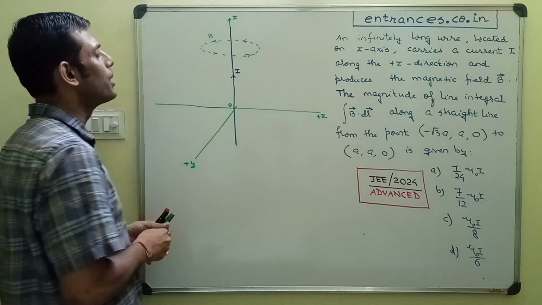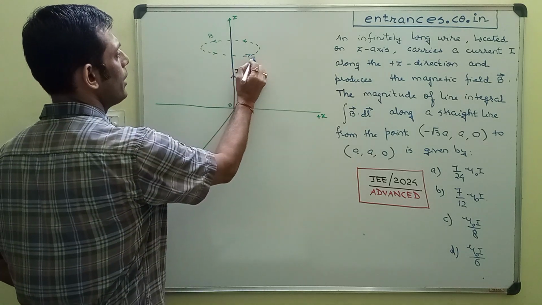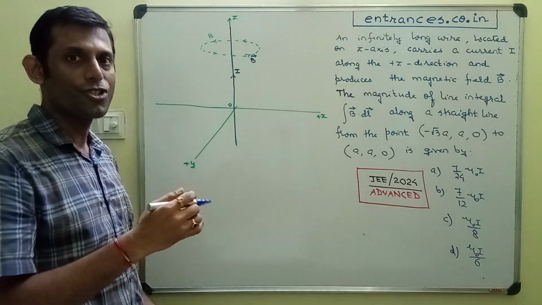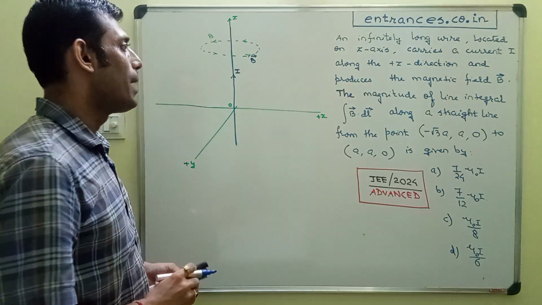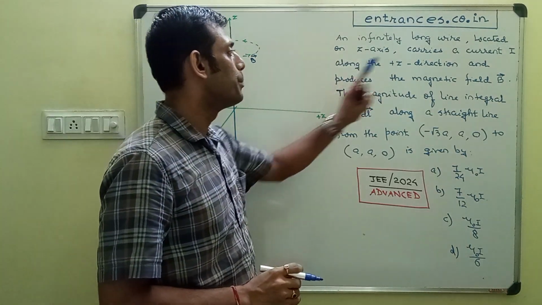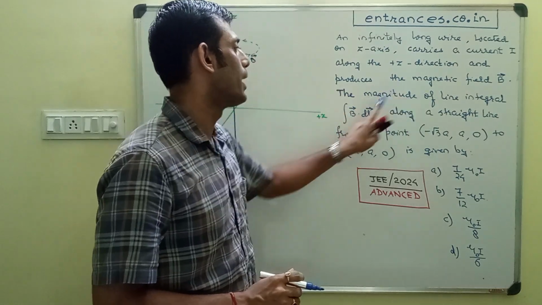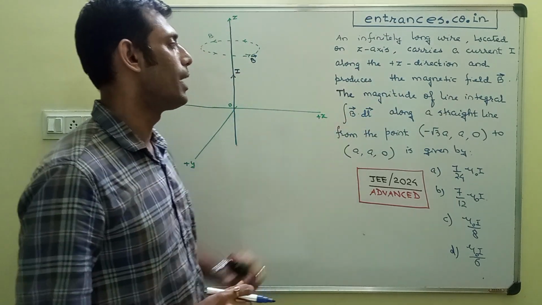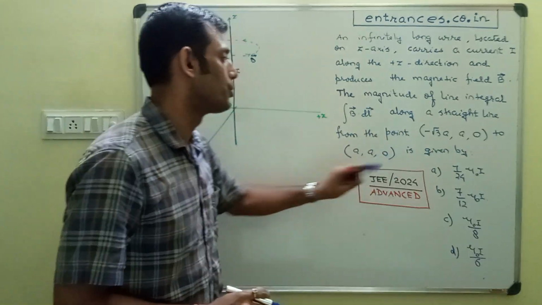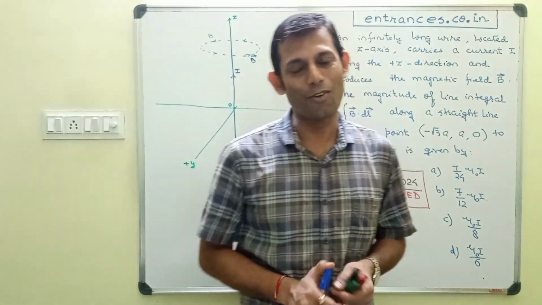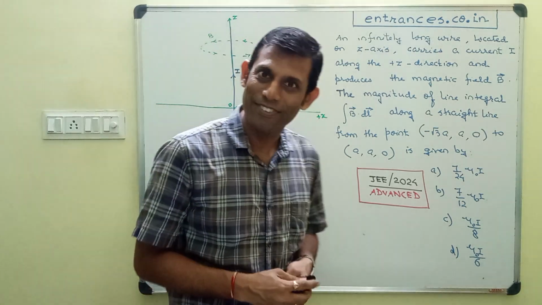Now here is the B field, which exists in a path that is circular in shape. You need the magnitude of the line integral of B dot dl along a straight line from this point to this point. Now this is an amazingly innovative question, very impressive.